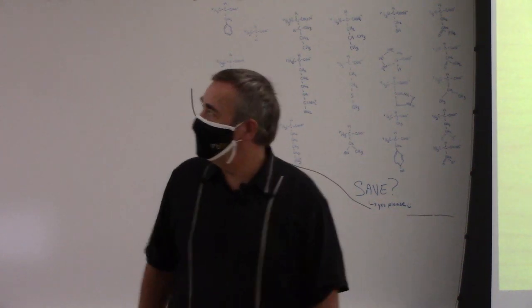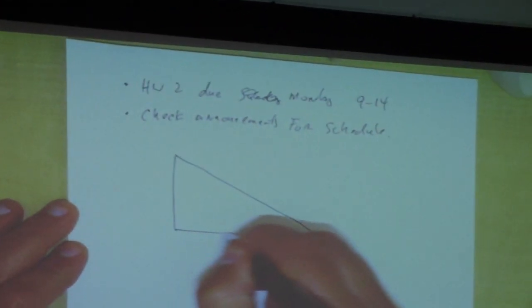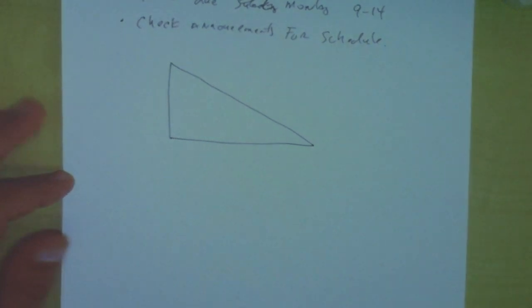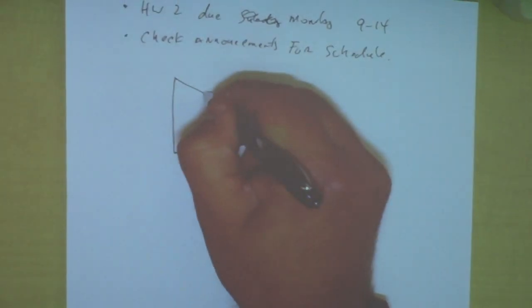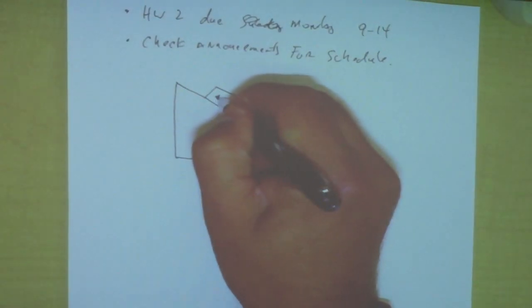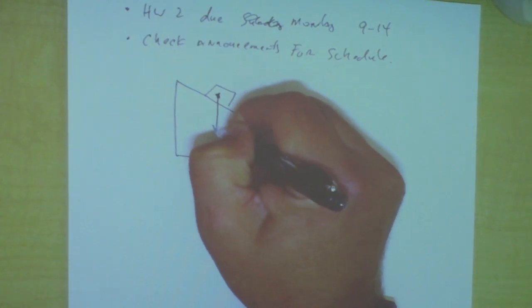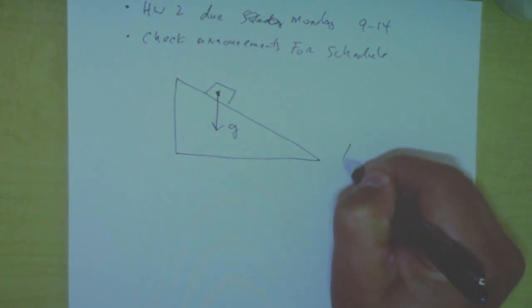Good. I thought we could just start with a couple of problems from the homework, just to remind you what we ended up doing last time. We had motion on a ramp. Here, gravity was straight down, and it looks kind of like this.